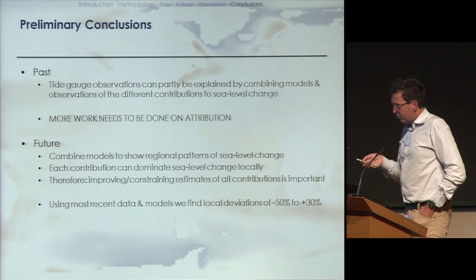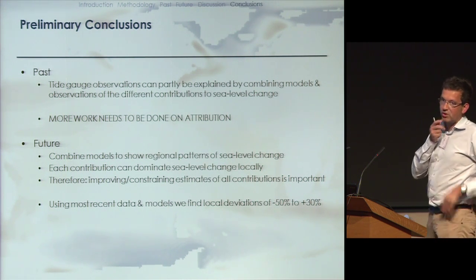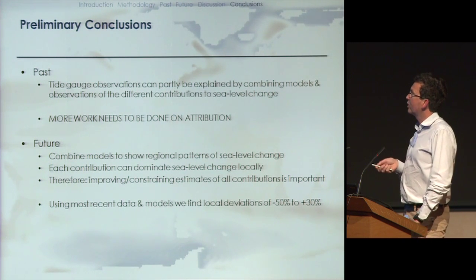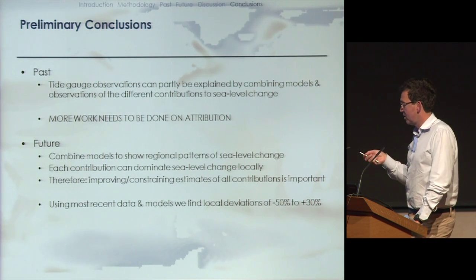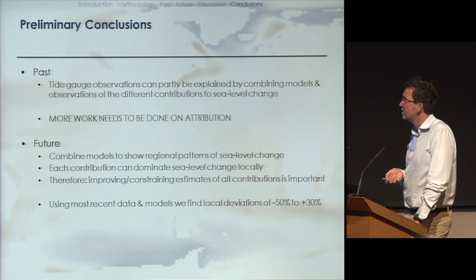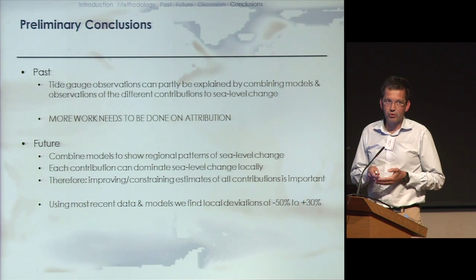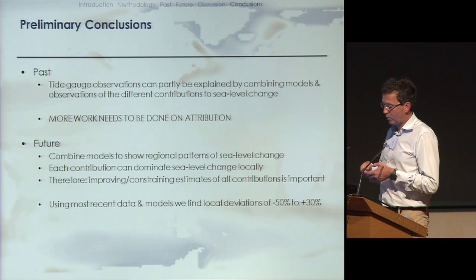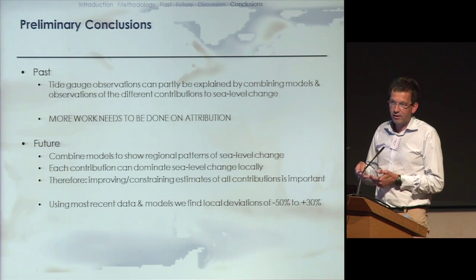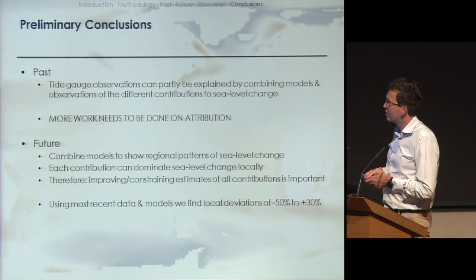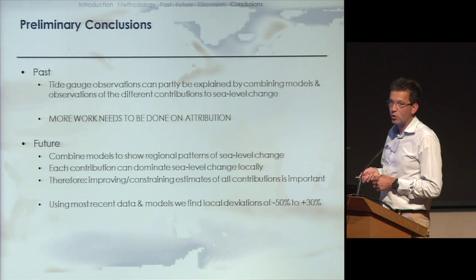So I think if we draw a couple of preliminary conclusions, we can say that the tide gauge records can partly be explained by combining models and observations of the different contributions of the sea level change. More work, I would say, is needed. It's a little bit similar, from my point of view, to the discussion we have had on the global sea level rise. We were able to make projections on global sea level rise for a long time, and I think it's only more recently that on a 100-year timescale we are getting close to closing the sea level budget.